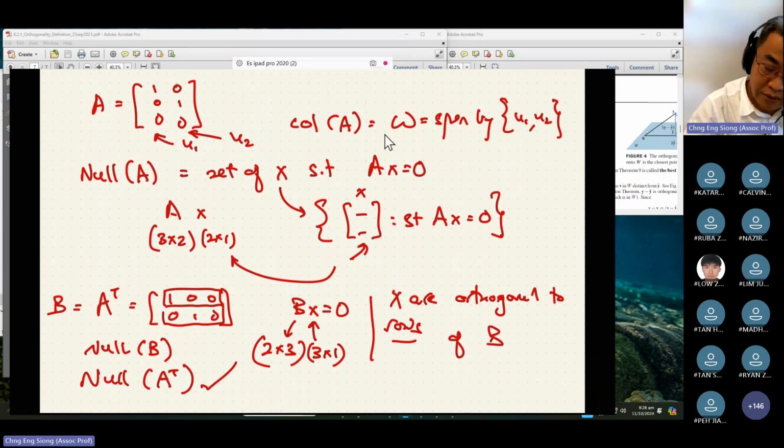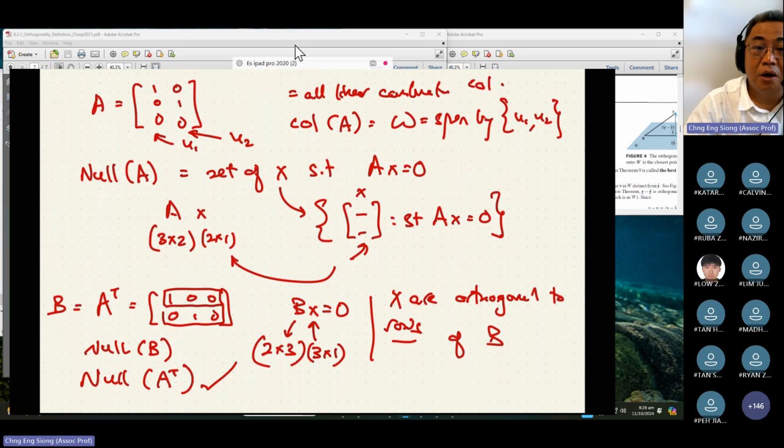All linear combinations of the columns, right? All linear combinations of the columns is exactly the same as span. So you'll see that span and writing A in this form are the same idea.